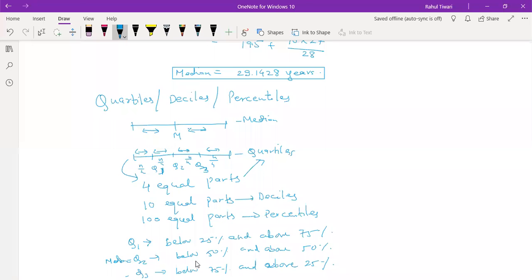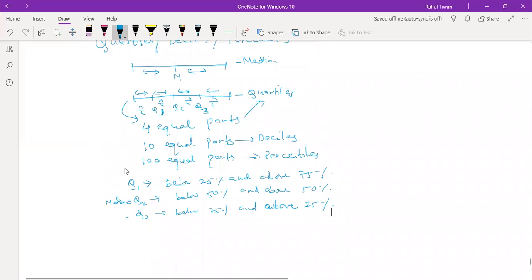Whenever you are interested in understanding quartiles, what do quartiles give? Quartiles give information about how your observations are distributed. It should not be that if I'm obtaining Q1, I'm saying 25% below, but it may happen that 50% is below. So a quartile gives information about how much percent of your observations are below a certain point and how much are above it.